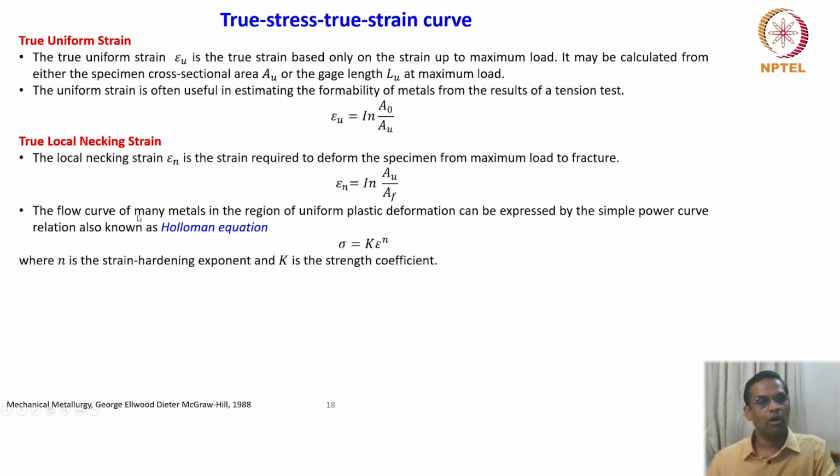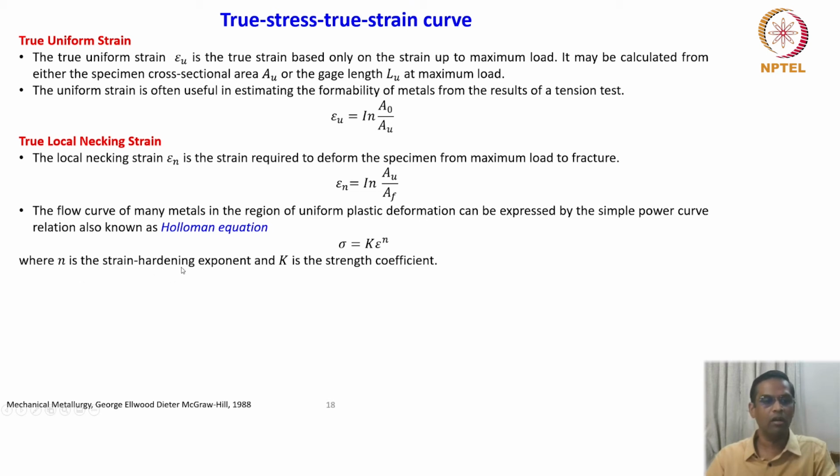The flow curve of many metals in the region of uniform plastic deformation can be expressed by a simple power curve relation, also known as the Hollomon equation, which is sigma is equal to k times epsilon to the power n. So this is a quite popular empirical relation, known as the Hollomon equation, which is valid up to maximum load in a stress-strain curve.